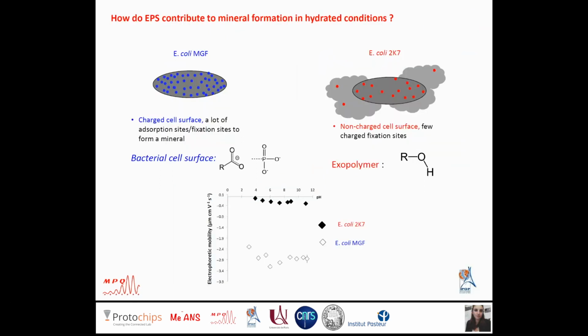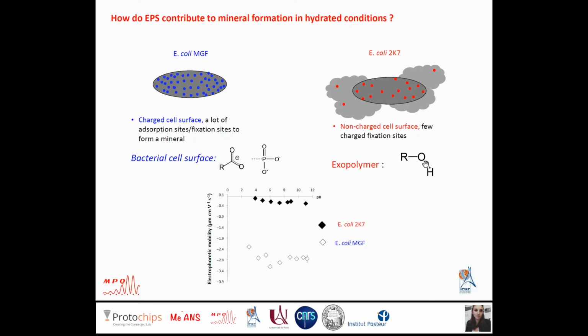As mentioned previously, the goal of this work is to understand the role of the hydrated bacterial surface and exopolymers in the sequestration of dissolved metallic cations, and therefore to better understand their influence on mineral nucleation and growth. We exposed to manganese-bearing solutions two strains of Escherichia coli that differ in the nature of the exopolymer they secrete.